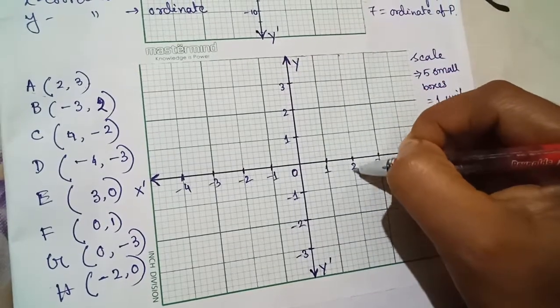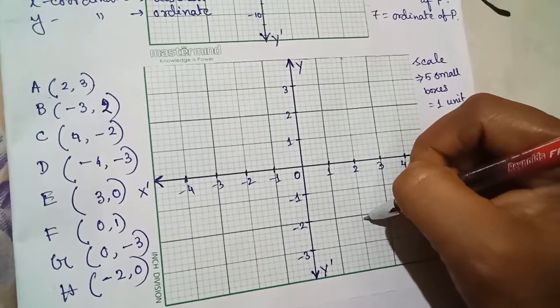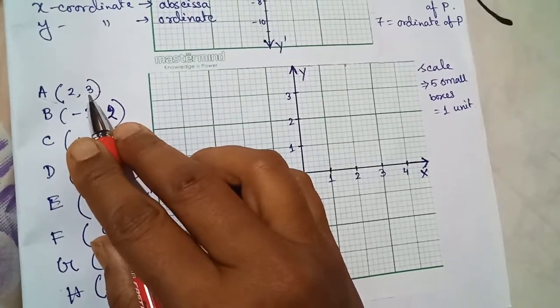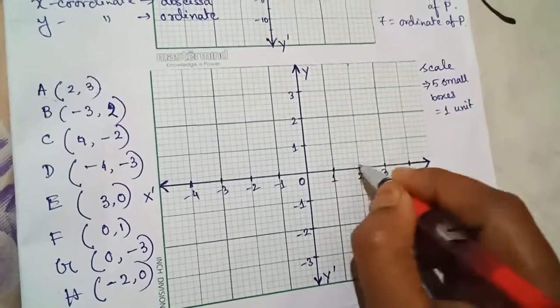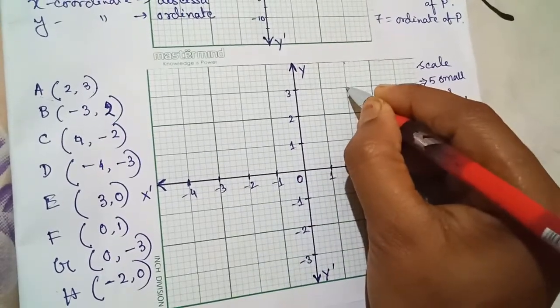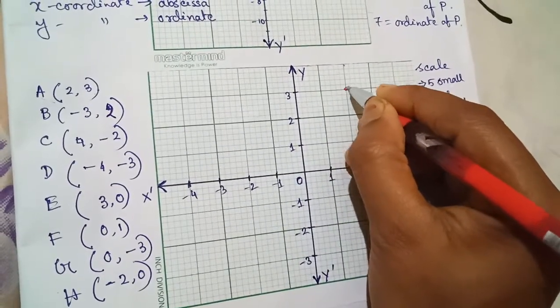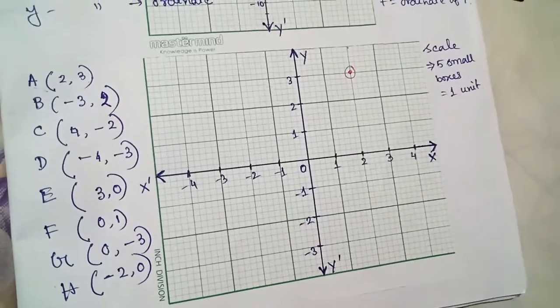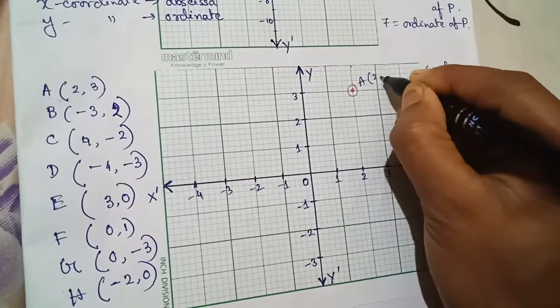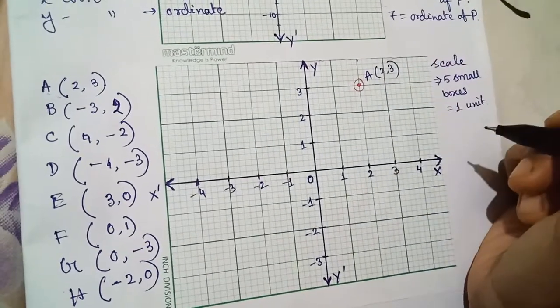This is the line of 2. Then you will be finding 3 units distance from x-axis. That means this is 2 and this is 3. So crossing point coming as this one, right? And this is the point A 2 comma 3.